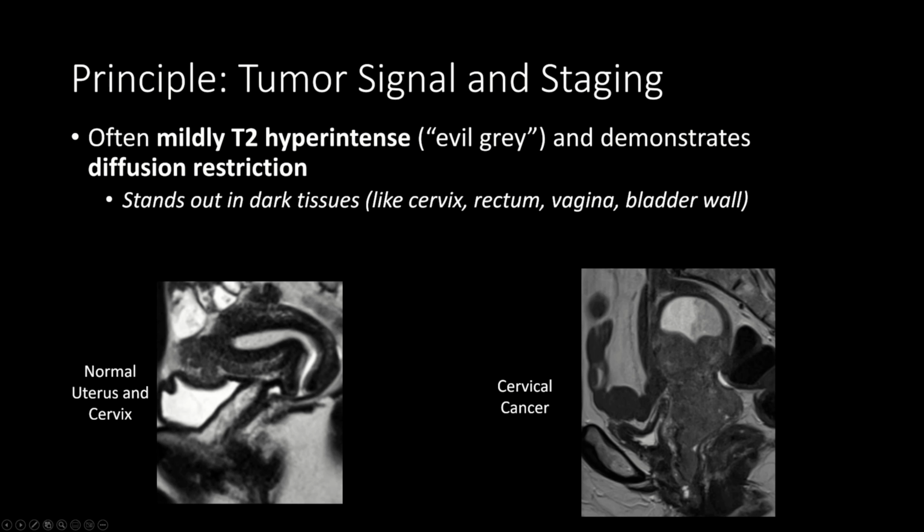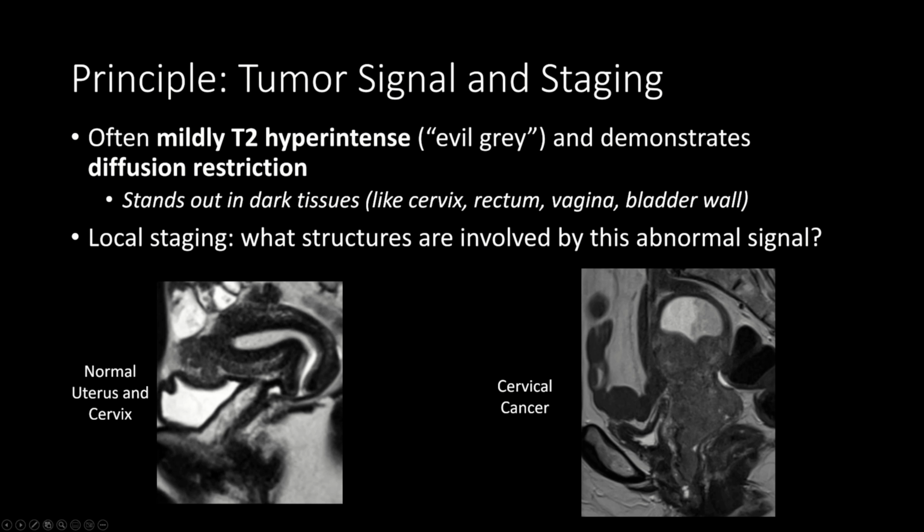So this stands out on the background of relatively T2 hypointense organs like the cervix, rectum, vagina, bladder wall, etc. Knowing this, we can locally stage tumors by identifying which structures are involved by the intermediate T2 signal / diffusion restricting tumor. And in our course, we will go through examples of endometrial and cervical cancer and teach you how to stage these tumors and how that directly affects how the patient's cancer is treated.